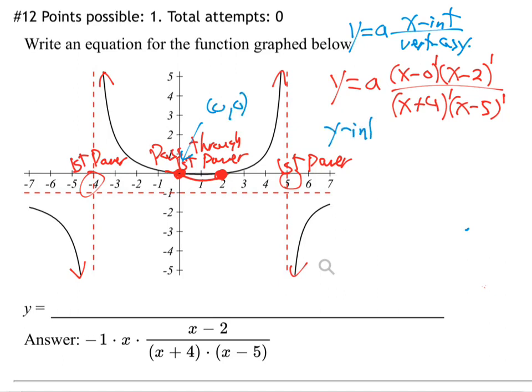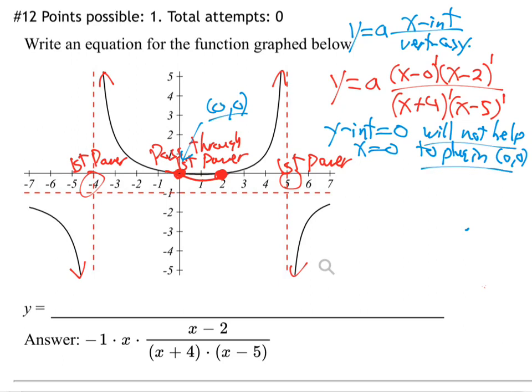So the y-intercept is at 0. It will not help to plug in because it would be 0, 0, right? The y-intercept is 0, and the opposite letter 0, that's the point 0, 0. If you plugged in 0, 0, that will not help. Why not? Let me show you.